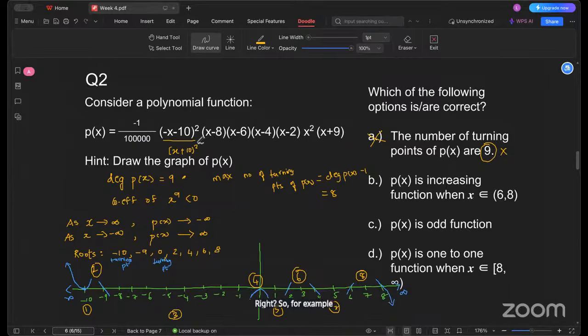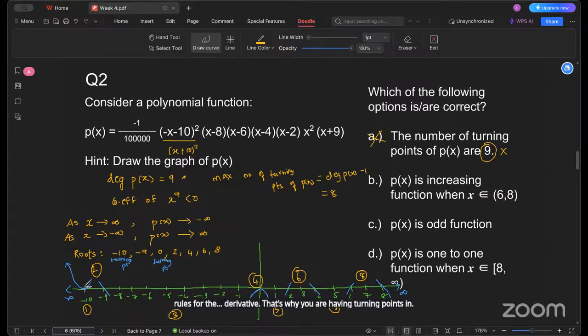What is the derivative? It is 2 times x plus 10, and when you equate it to 0, the root is minus 10. So whenever you have even degrees, you will get roots for the derivative. That's why you have turning points.